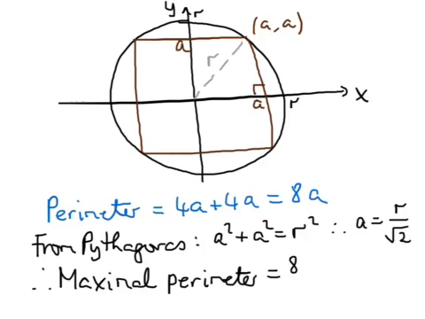So it is 8r over root 2. And 8 is 4 times 2. 2 divided by root 2 is root 2. So we have 4 root 2 times r. And that is our final result for the maximal perimeter of any rectangle which can be inscribed in a circle.